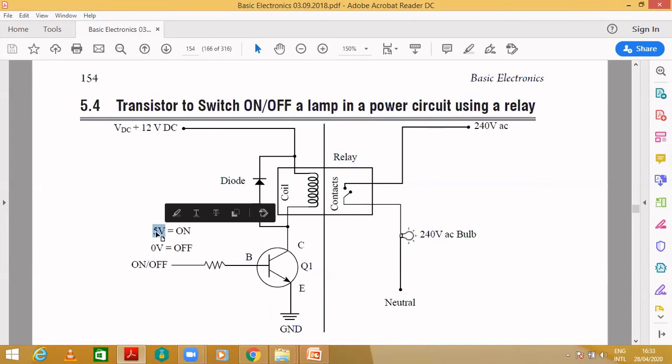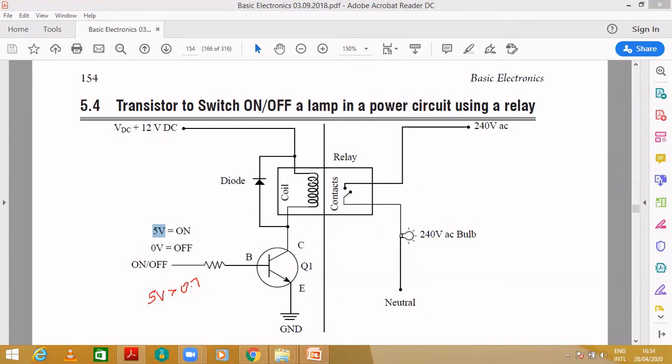When you give 5 volts to the transistor, this 5 volt will be greater than 0.7 volt. Then automatically the transistor will conduct and act as a closed switch. So IB will increase, and then the collector current also flows. When the collector current flows, it will reach the coil. Because of the basic principle, a magnetic field will be created.